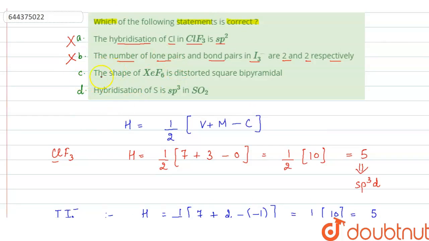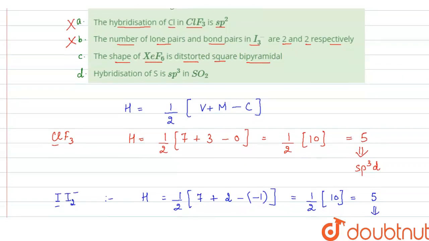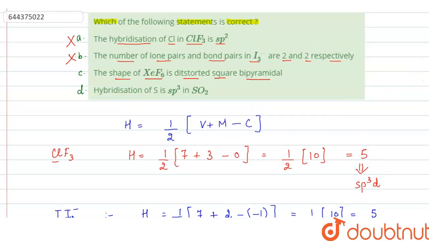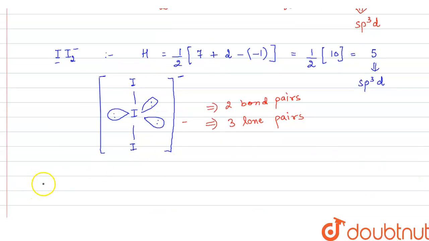Then in C, it is given that the shape of XeF6 is distorted square bipyramidal. Now let us check XeF6. In XeF6, hybridization will be equal to half into, the central atom is xenon having 8 valence electrons, plus 6 fluorine atoms are attached to it, which is monovalent.